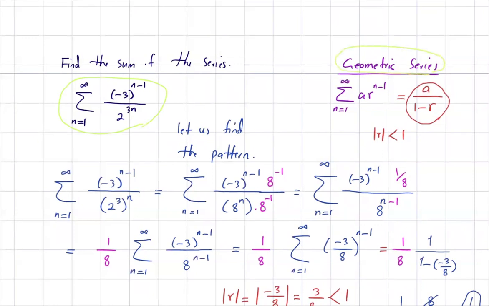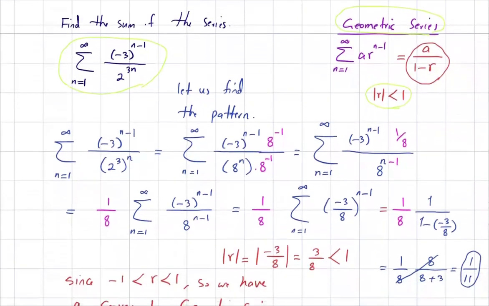The geometric series has a ratio. If the ratio is bounded between -1 and 1, the geometric series is convergent to a divided by 1 minus r. Well, the series can be rewritten as 1/8 times (-3/8)^(n-1), which is indeed a geometric series with ratio -3/8, and the absolute value of the ratio is less than 1.